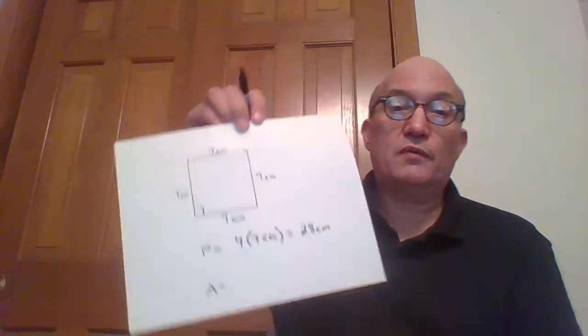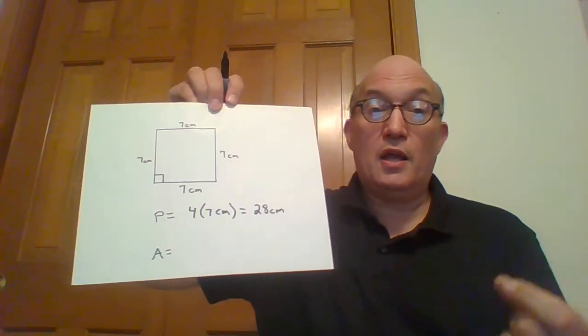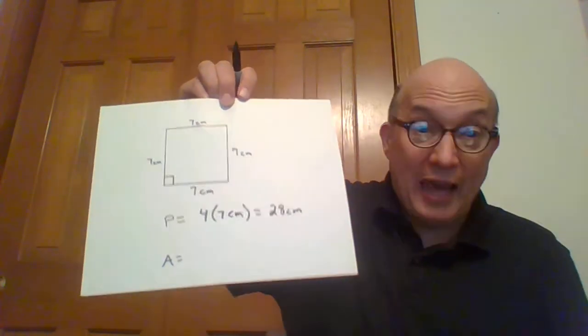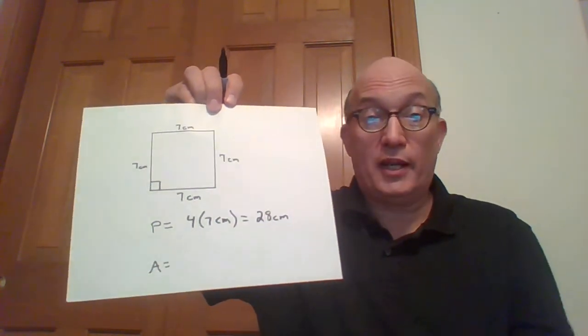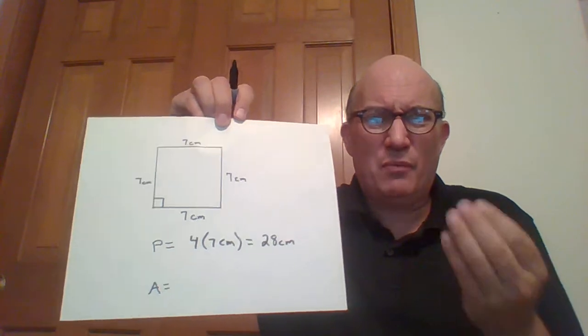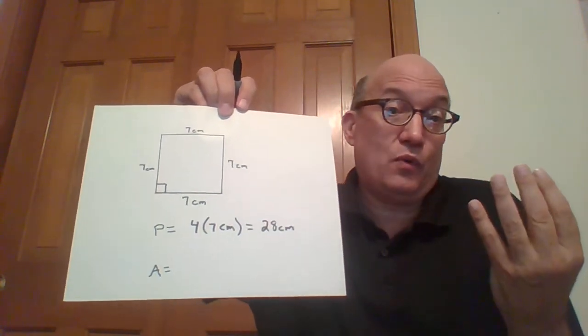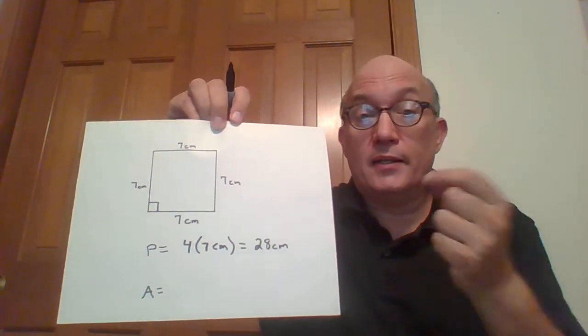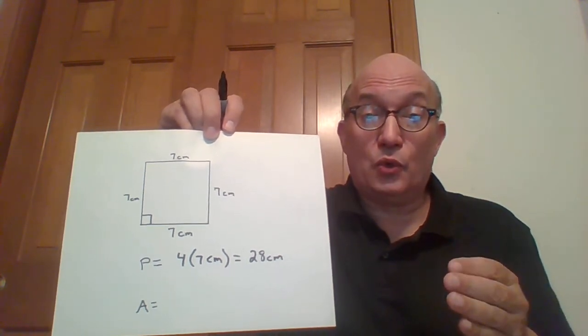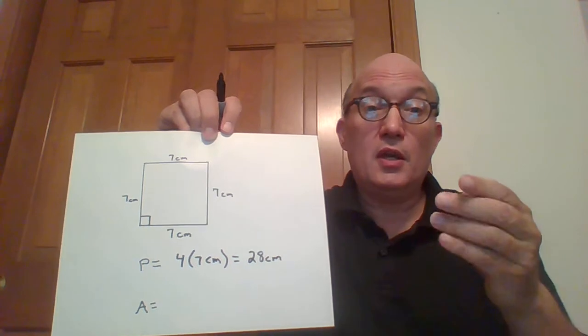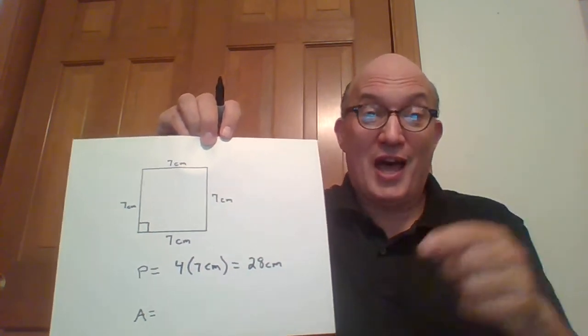And again, in terms of the connection with algebra, if you had 4 times 7x, 4 times 7x is 4 times 7 times x, 28x. And we can approach this the same way, just treating that centimeters as if it were an x. And continuing with that here, the area of this square, according to the formula, is S squared, side squared.